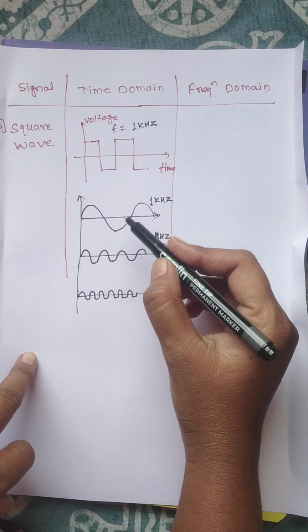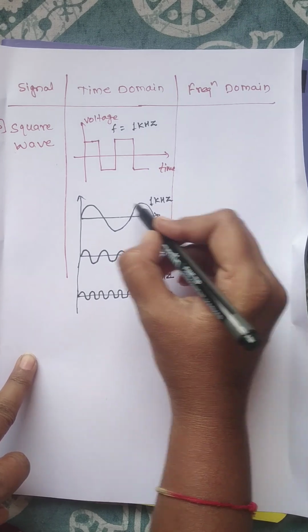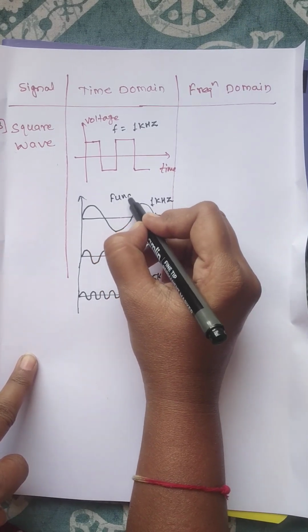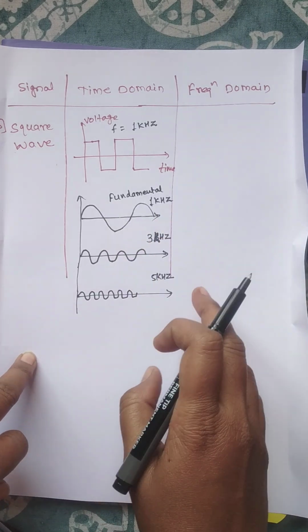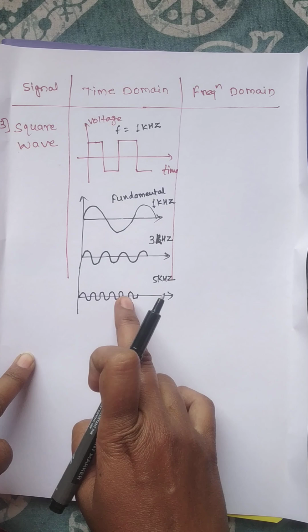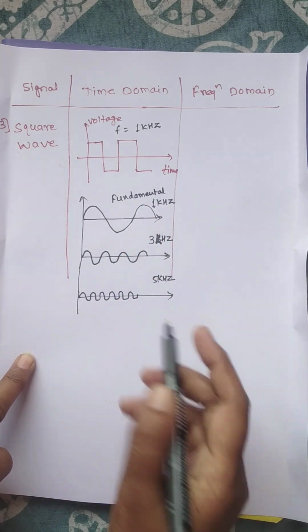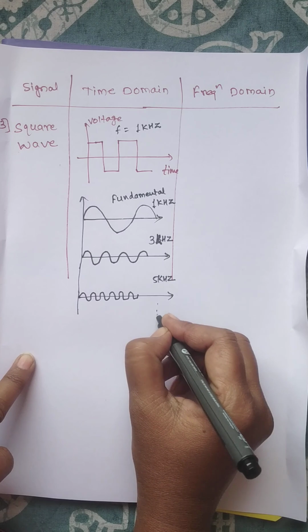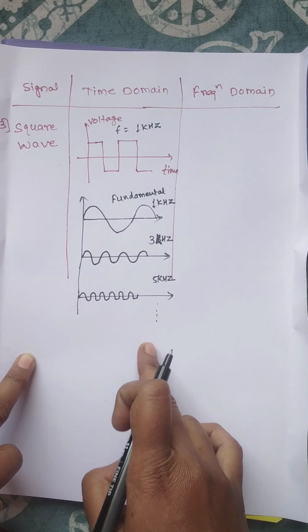Now if you go on adding these components, this is called the fundamental signal or fundamental frequency, and these are called the odd harmonics of this fundamental sine wave. It will go on continuing: 5 kilohertz, then 7 kilohertz, then 9 kilohertz, and so on.